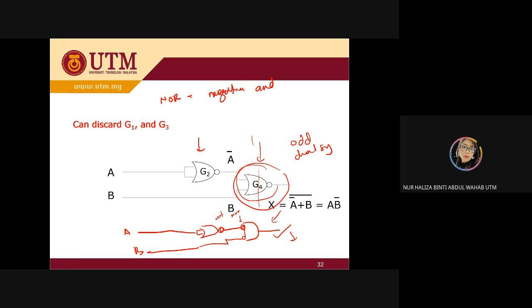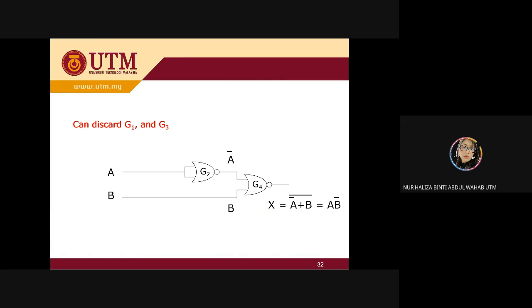But in terms of simplification, you can also simplify this. Then you're going to have the NOR gate there, added with your negative. So it's supposedly like this one. In terms of final, you can also put it there like this, also can.